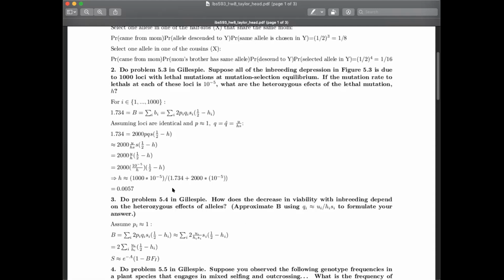And if we assume that all of inbreeding depression is happening from alleles of large effect, nearly lethals, then H against them can be really vanishingly small, almost about 1 in 200.